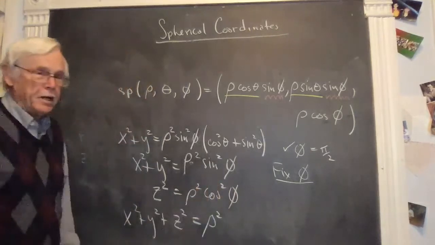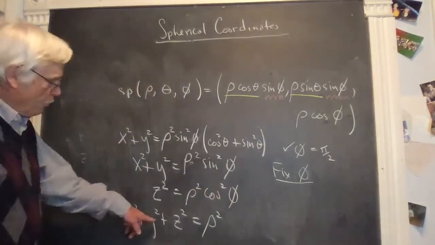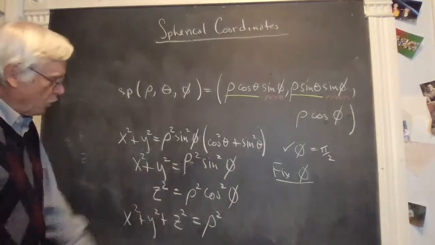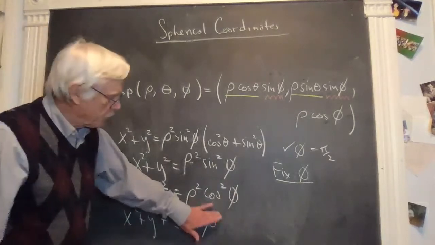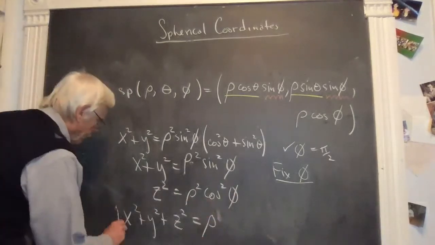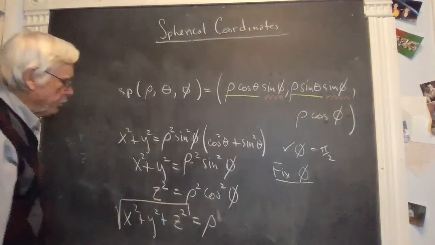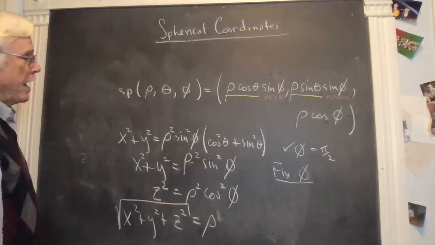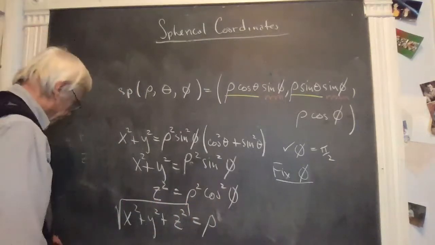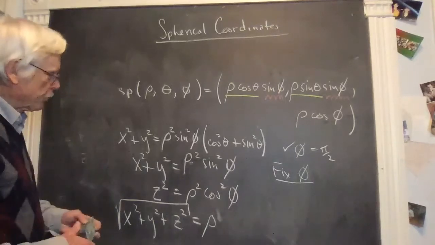So we've eliminated one of the variables. More importantly, you can tell what rho is now. If you take the square root of both sides, rho is the distance between a point x, y, z and the origin. So that's the first thing to notice.